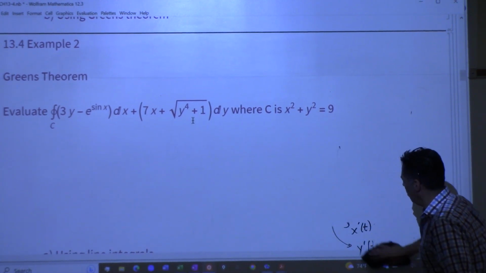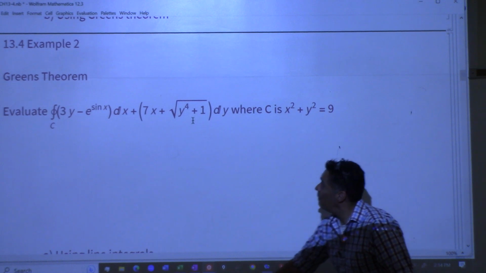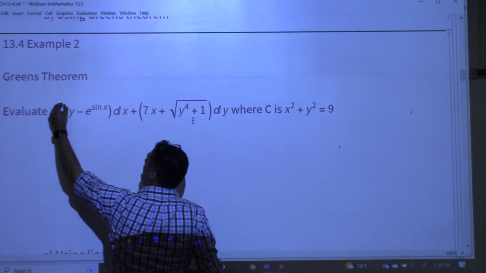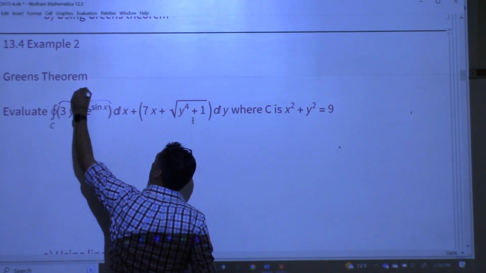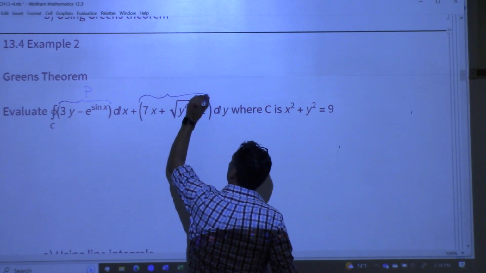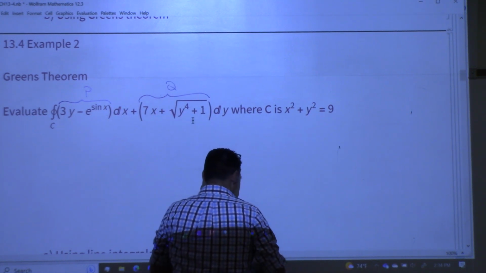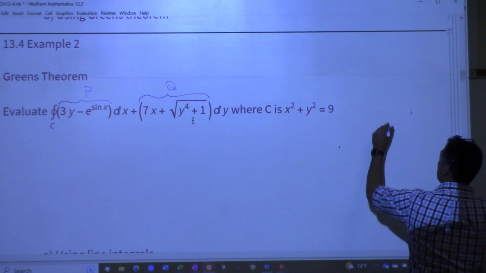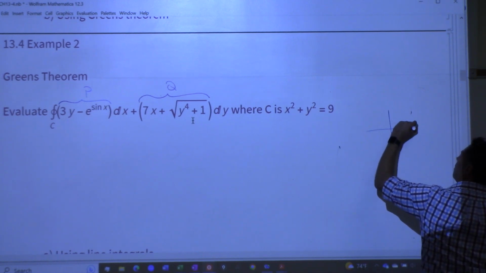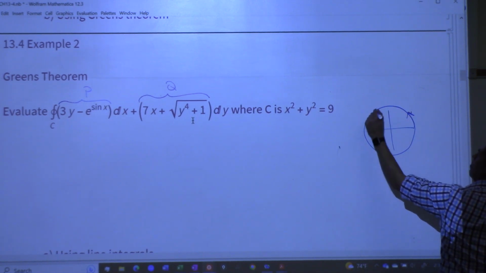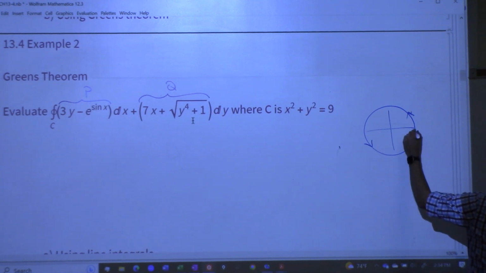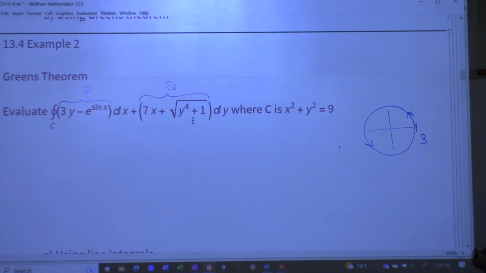This is a line integral. It looks terrible. This is your P. This is your Q. And then we're doing this over this circle, going positive orientation, with a radius of 3.